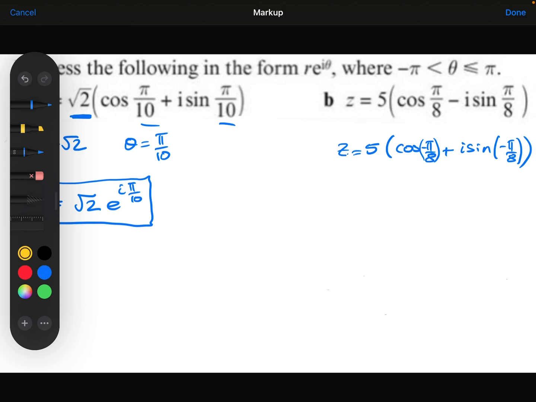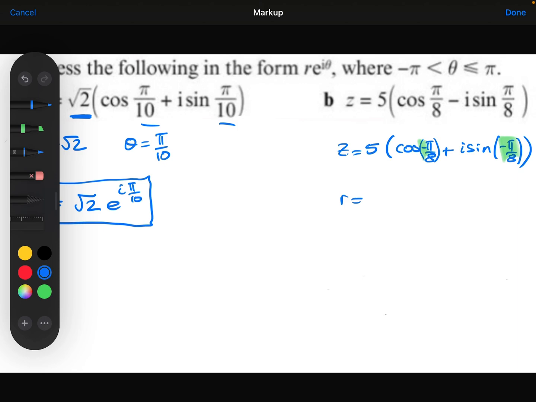Because remember that the cos minus pi over 8 is the same thing as cos pi over 8. And the sine minus pi over 8 is the same thing as minus sine pi over 8. So if you have a minus on the inside here, that means you're just going to flip both of these signs.